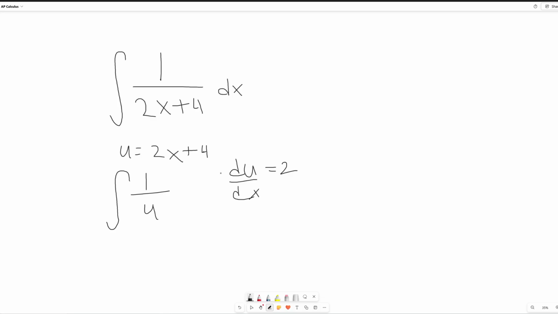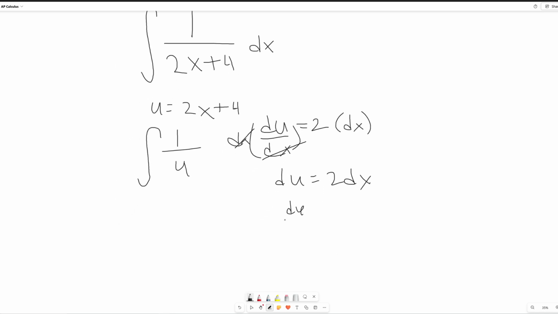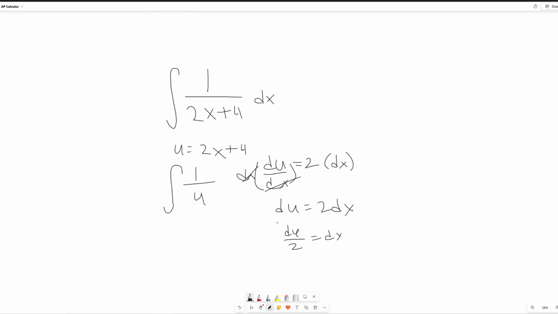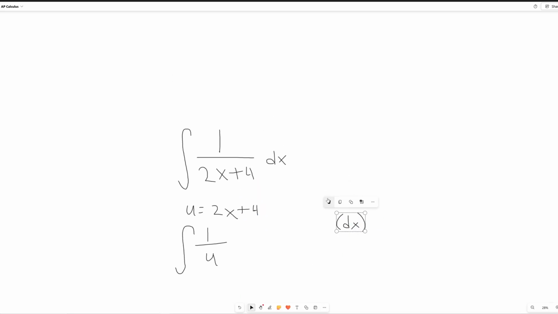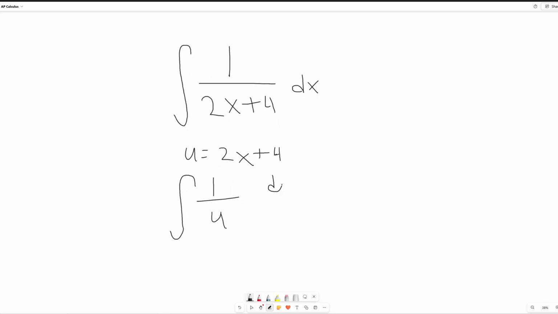So now, what we can do is multiply this dx onto this side, and then we'll have du equals 2 dx, or du over 2 equals dx. So this is our replacement for dx. So now we can, instead of having dx over here, we can have du over 2.